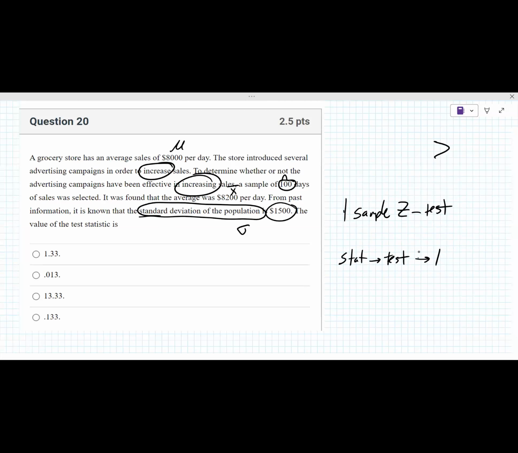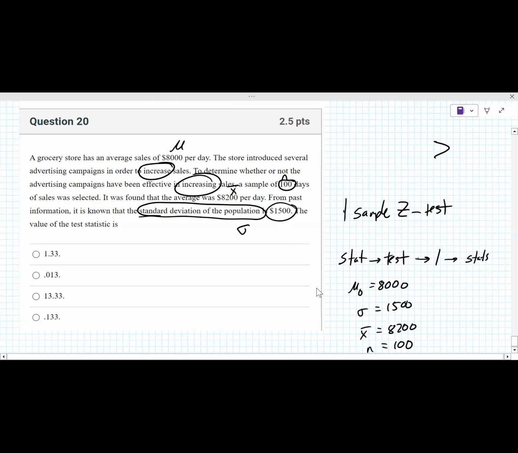Then you have to decide whether it's data or stats. It's stats because you don't have the data; you just have the values. So you need mu 0, which is 8,000. Sigma is 1,500. X bar is 8,200, and N is 100.